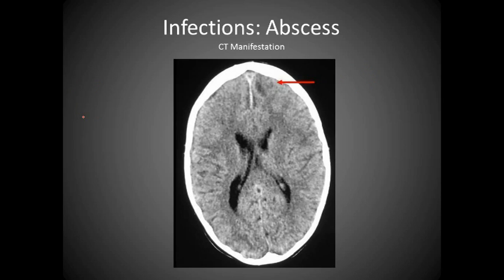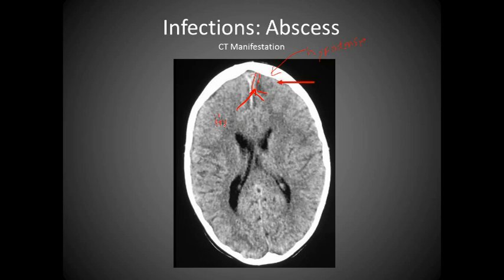So here we have an abscess, and it's this area here. Notice how it's hypodense. But also notice if I erase what I've drawn around it, notice that there is a ring here that is hyperdense.